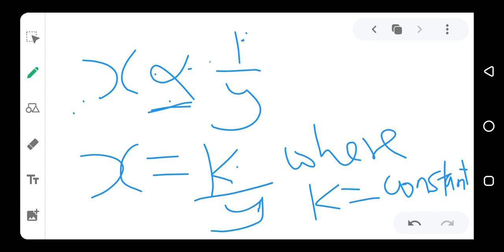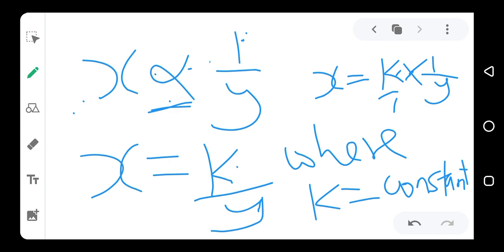We can actually say x is equal to, if we want to clear it normally, k times 1 over y. So anything standing on its own is over 1. So this is equal to k over 1 times 1 over y.